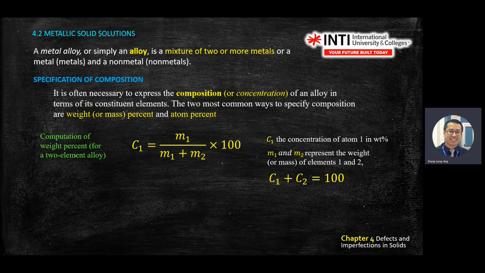Let's say you get 40% for the first element, the next element will surely be 60%, because the total concentration is 100%. Or you can do the same calculation: just change this to 2. If you want to find the second one, C2 equals M2 divided by M1 plus M2. But the total is 100%.